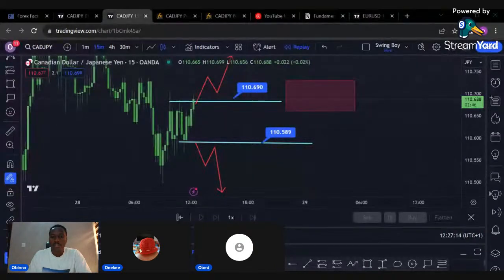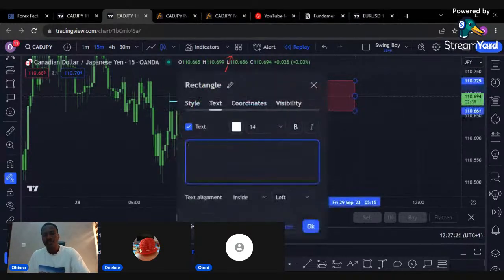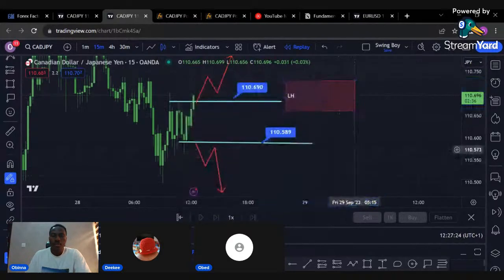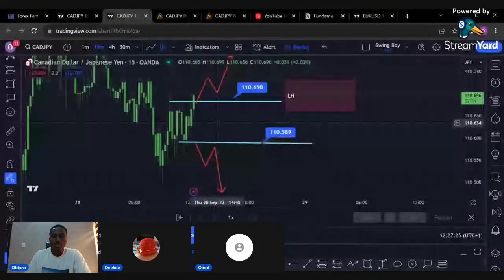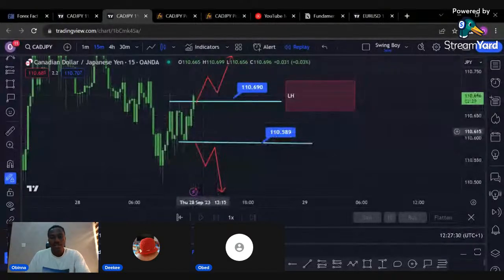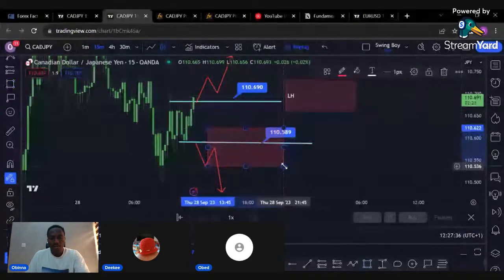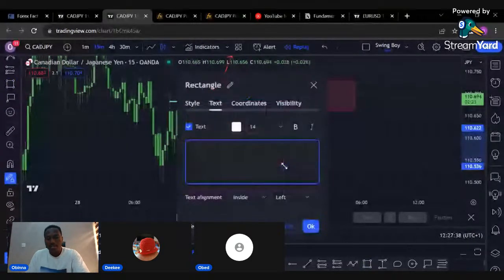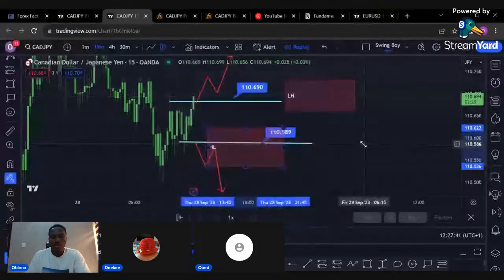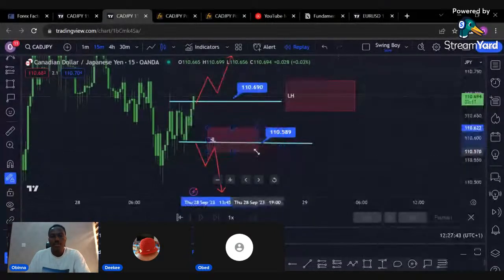As long as you want to go for buys, you need to see a higher low. So if price is making a higher low, then clearly you can take buys. It's just the law of the trading system.